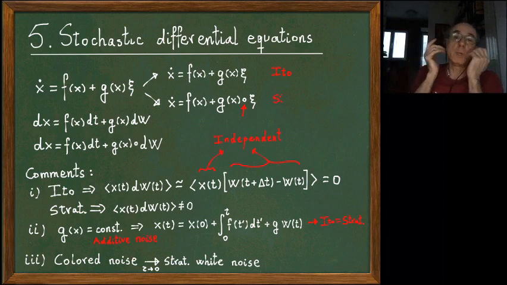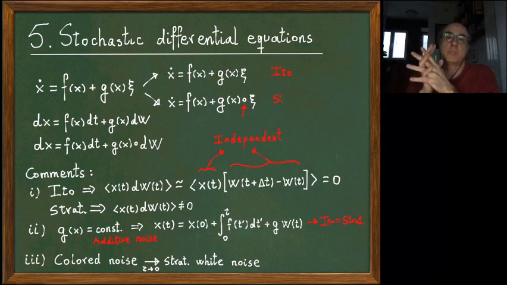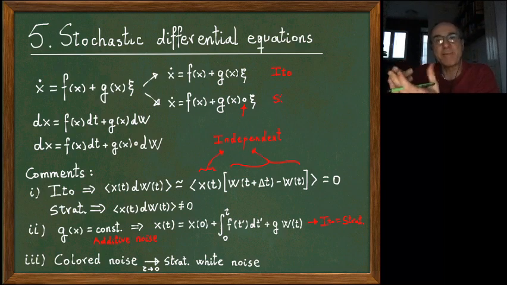So one would say Stratonovich should be the appropriate interpretation, and this is true in physics. In physics, you never have a real white noise, as we have said many times. You have a color noise, but the scale of the correlation, this tau, is so small compared to the evolution of the system that I can consider it as a white noise. In this case, the Stratonovich interpretation is the appropriate one.